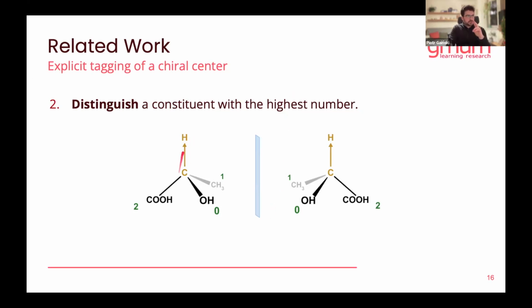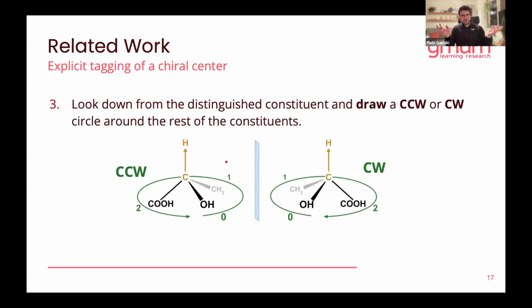Because we distinguish the constituent, we also distinguish the directed bond, C and H. And right now we can intuitively look down from the distinguished constituent, from that H, and draw a counterclockwise or clockwise circle around the rest of the constituents. So if these constituents have numbers 0, 1, 2, we draw a counterclockwise circle; for the opposite order, we draw the opposite tag.